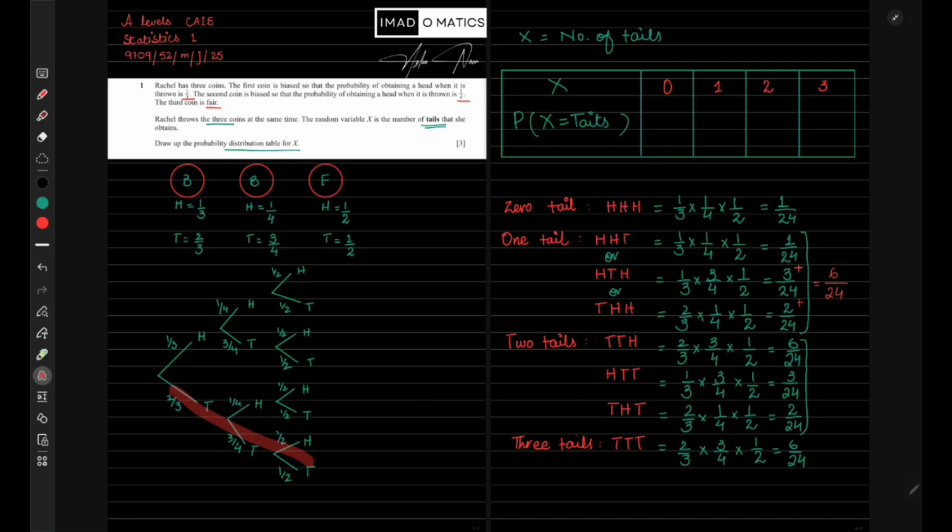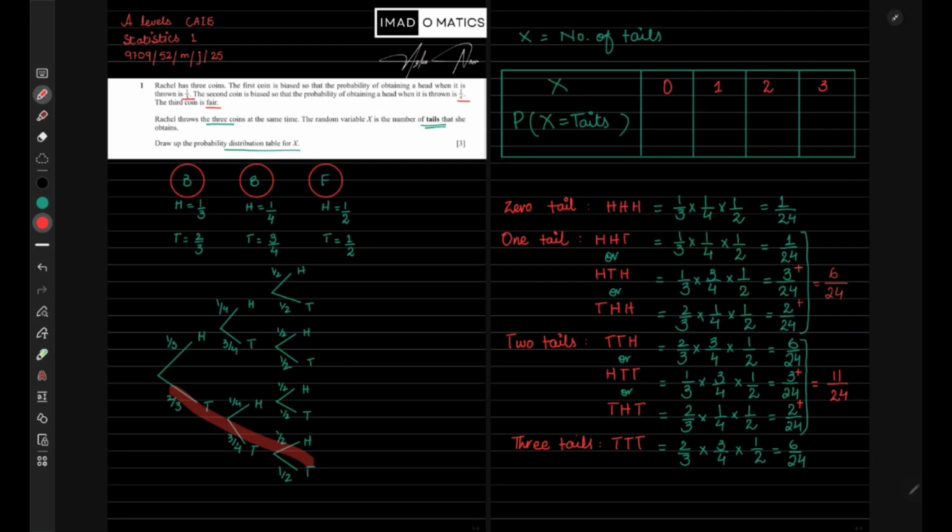Secondly, the 2 tails also will be added up together. It is the scenario where you have tail, tail, head, or head, tail, tail, or tail, head, tail. So you have to add them together, and they will add up to give you 6 plus 3, 9, 9 plus 2, 11 over 24.